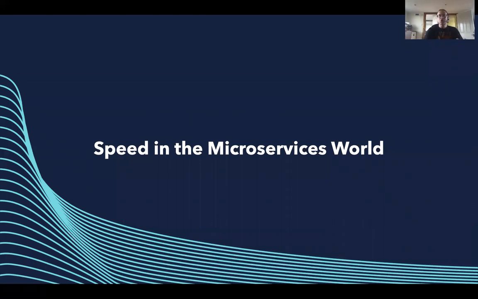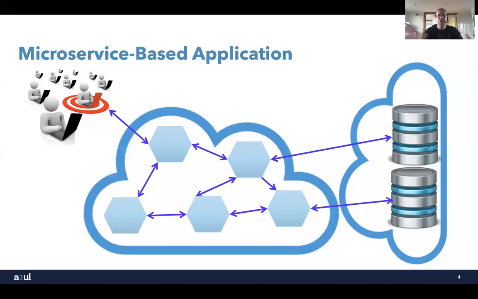Now, let's have a look at that specifically when we're thinking about performance and speed in terms of a microservice architecture. What I've got here is an example of an application which uses microservices. This is great because it moves away from the older design pattern of a monolithic approach.